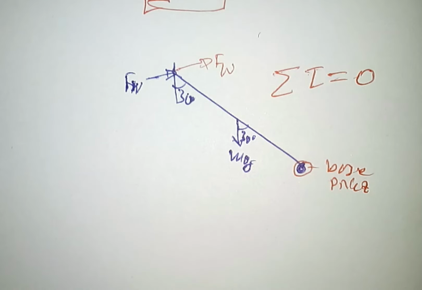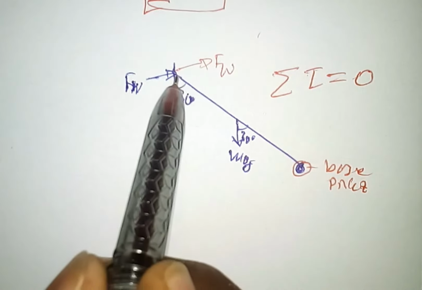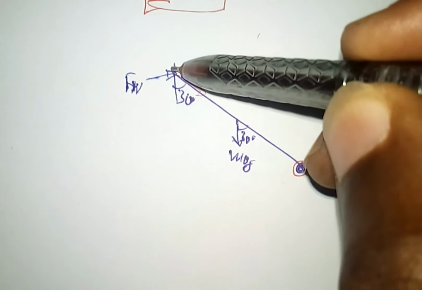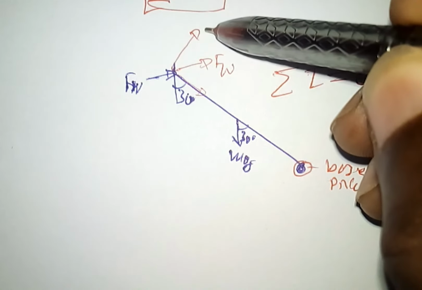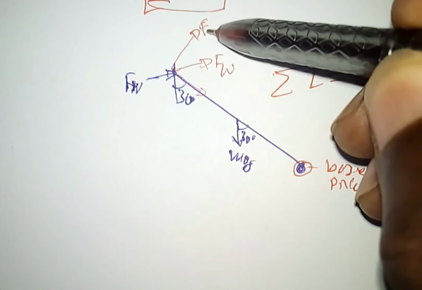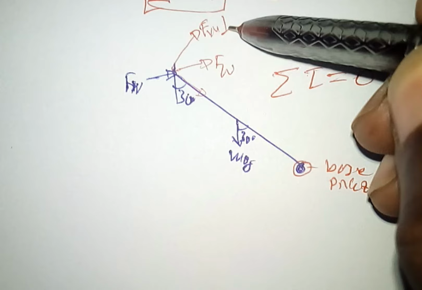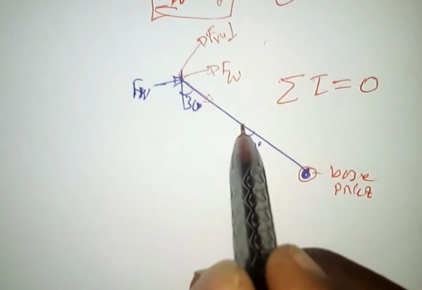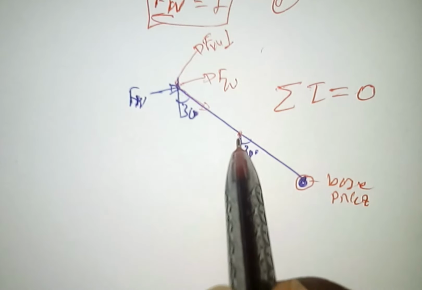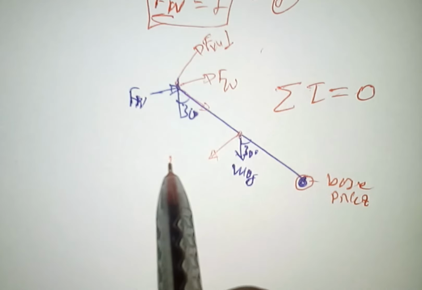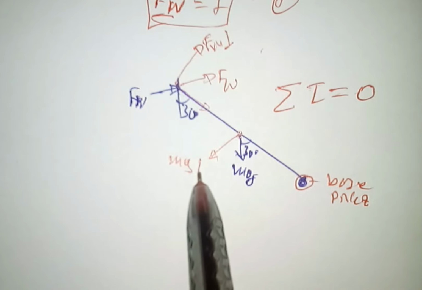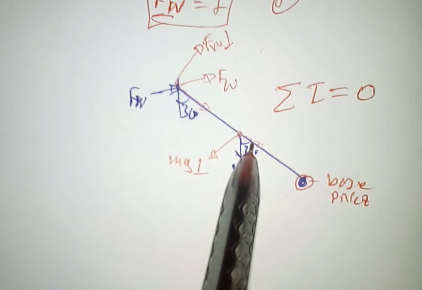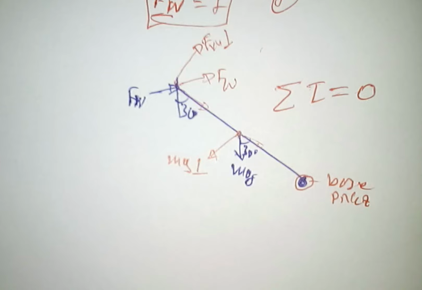into two components. One component is along the ladder, and the other component is perpendicular to the ladder. So this is Fw perpendicular to the ladder, and this one is the component along the ladder. And mg can also be resolved into one component perpendicular to the ladder, and the other component parallel along the ladder.